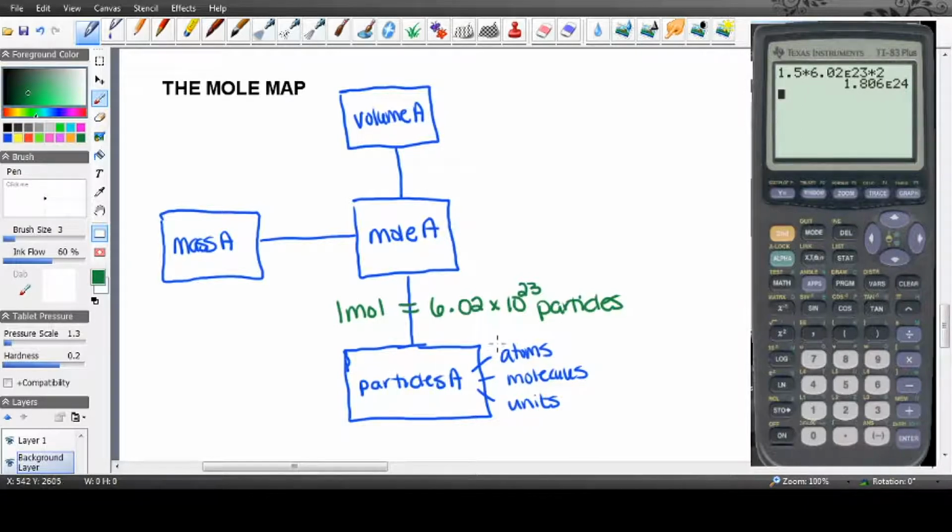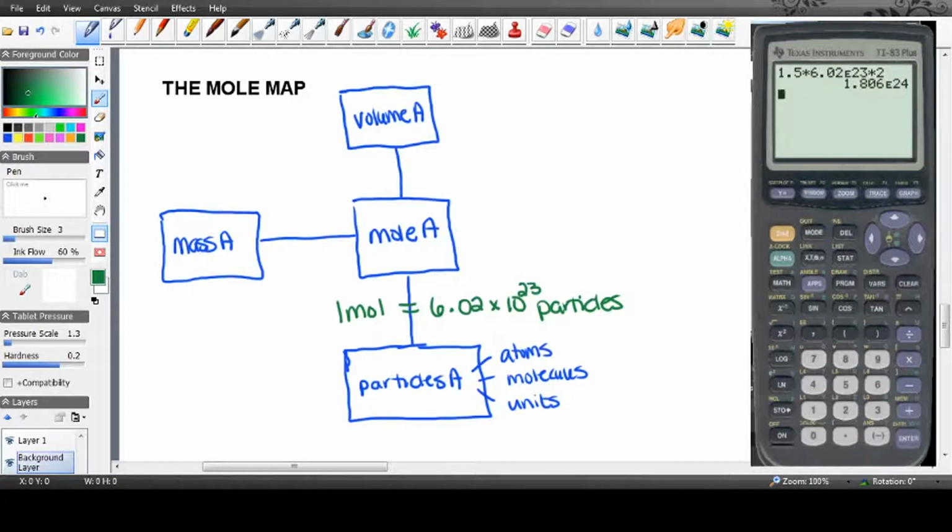Because if you think about a lab setting, how often are we counting out numbers of particles of things? Almost never.